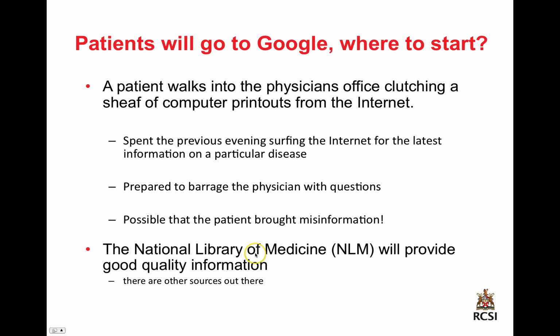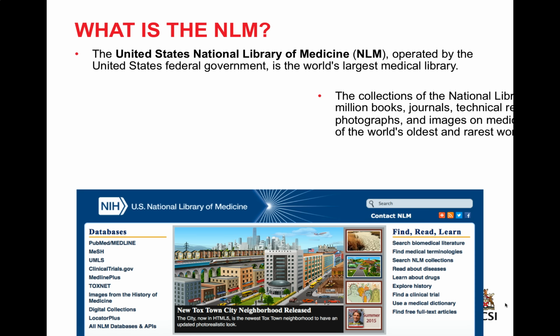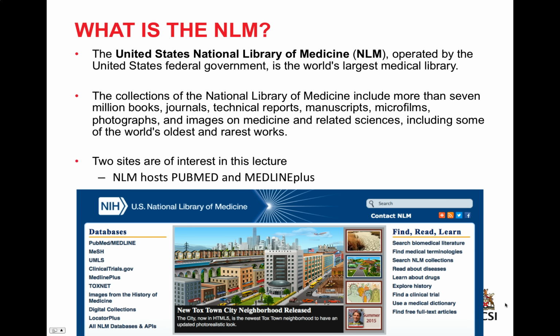So let's have a look at one of those possible sources. The National Library of Medicine in the United States has spent quite an amount of time and effort on this. Now, there are other sources, but let's just focus on this one. And here is the United States National Library of Medicine. I've taken a screen grab there, and let's just put in some definitions.